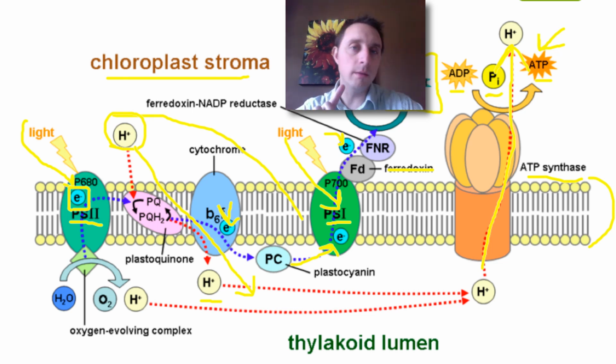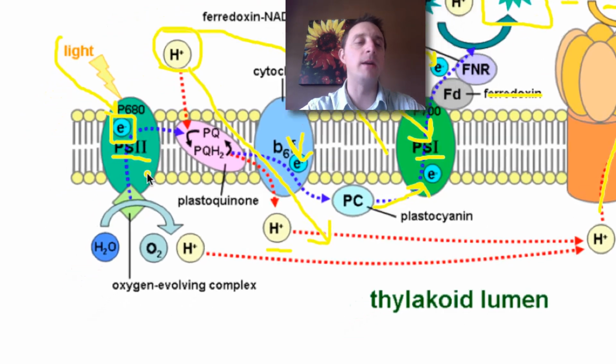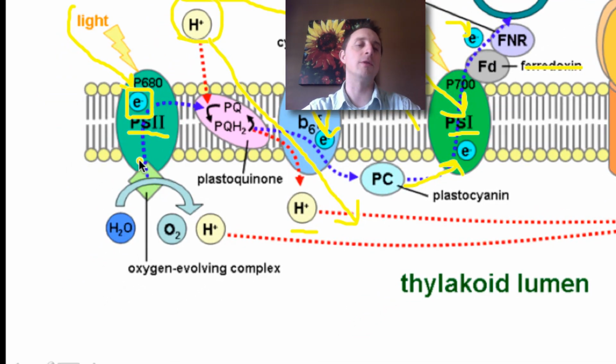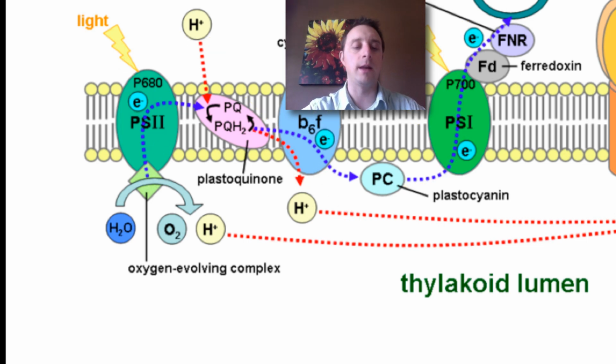Okay, so we have one more thing we need to finish up, and that is back here, way back here at the beginning at photosystem 2. And remember, we had excited this electron and it had left the photosystem. Well, now there's a little spot there where the electron should be, and we need to fill that in.